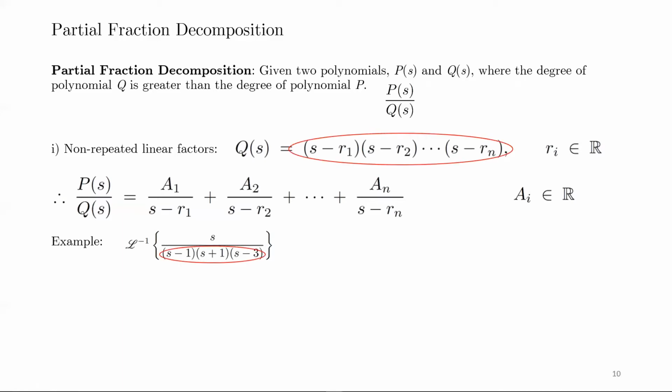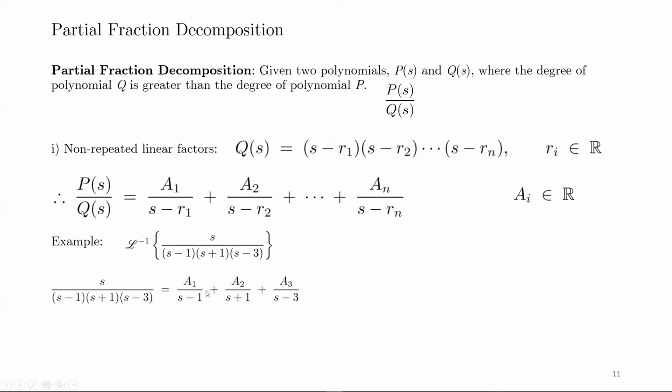You can see on the bottom we've got non-repeating linear factors: there's only one s minus 1, one s plus 1, and one s minus 3. So according to partial fraction decomposition, I can write s over s minus 1, s plus 1, s minus 3 as some number a1 over s minus 1, plus some number a2 over s plus 1, plus some number a3 over s minus 3.